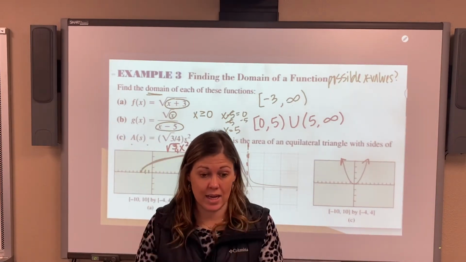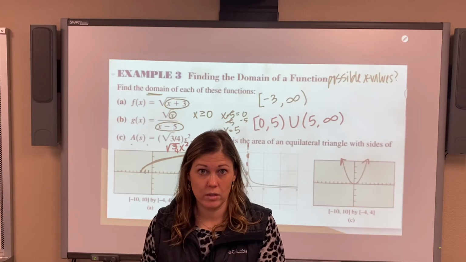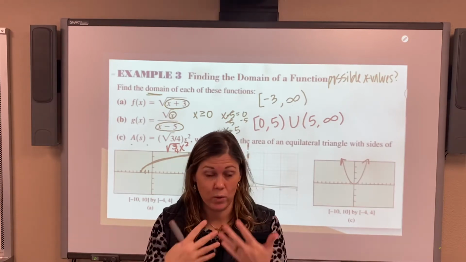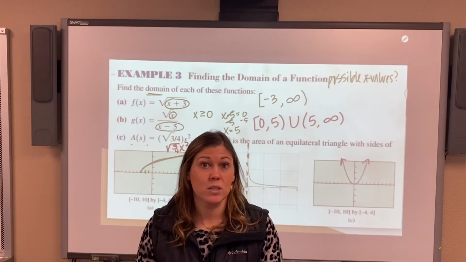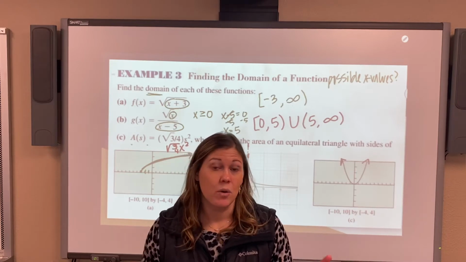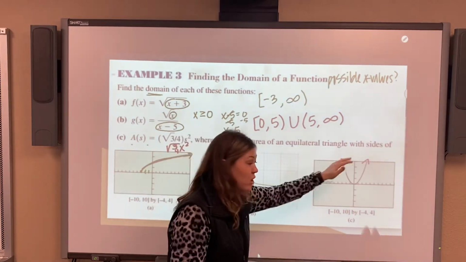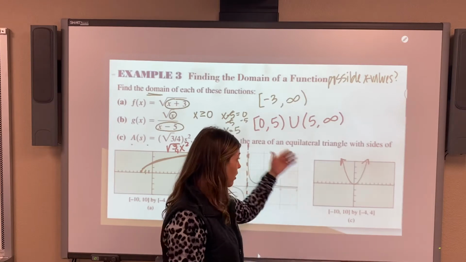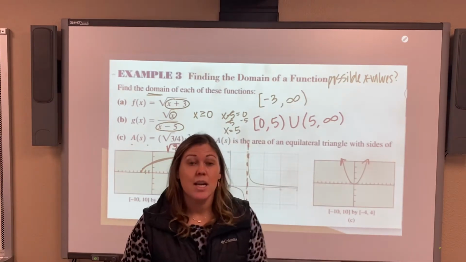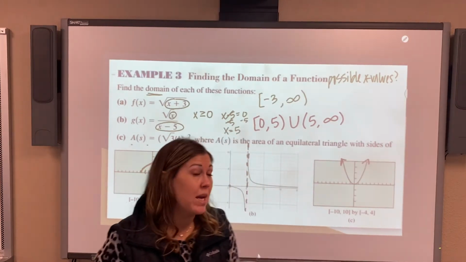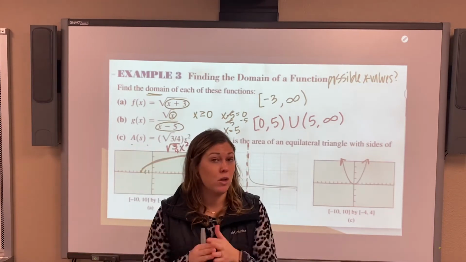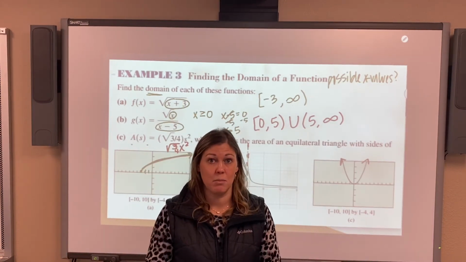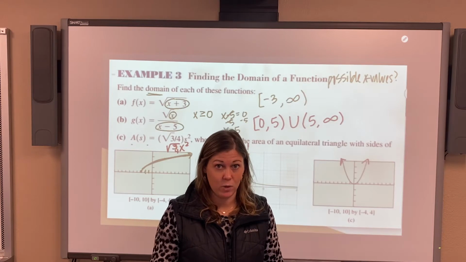We can plug in any number and we can square it. We can square a negative, we can square a 0, we can square a positive, we can square a decimal, we can square anything. Okay, and if you look at our graph, there's no asymptotes, there's no holes. It goes forever left, it goes forever right. So what this means is our domain is all real numbers. There's no limitations. We can plug in any number for x and we can get a y value out.